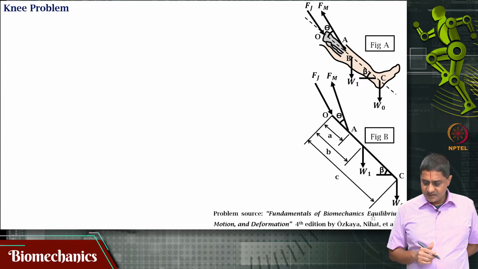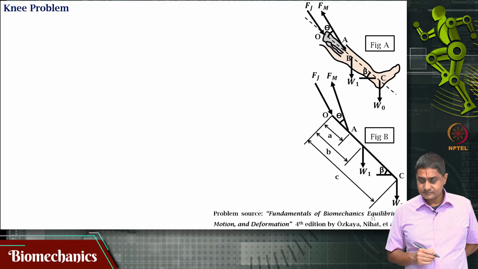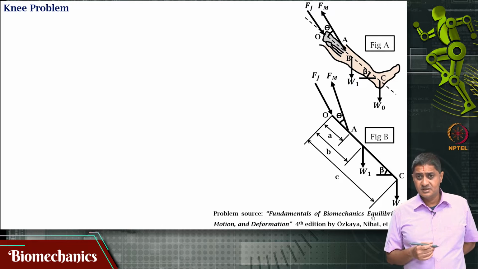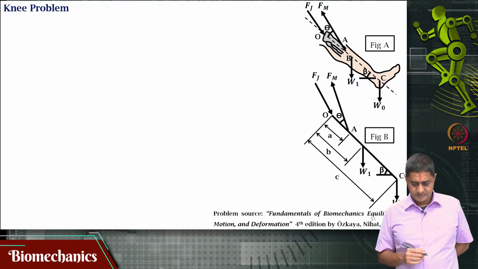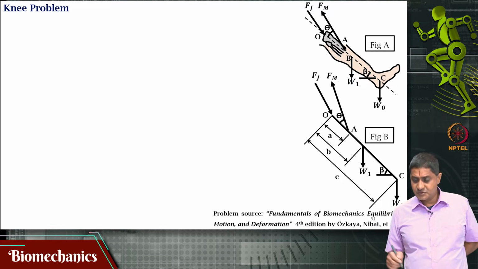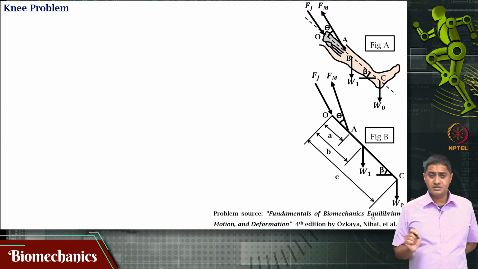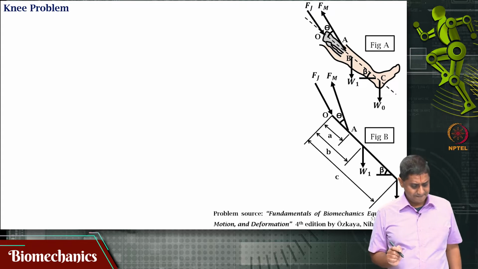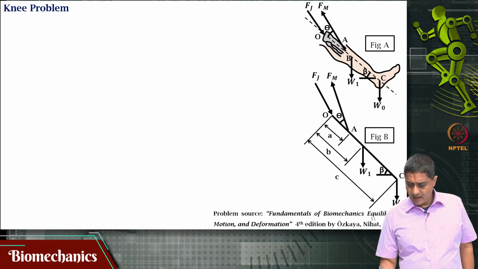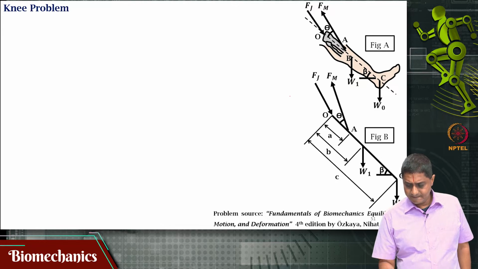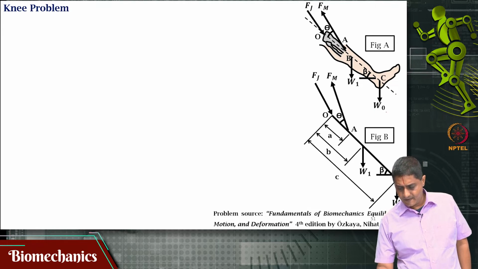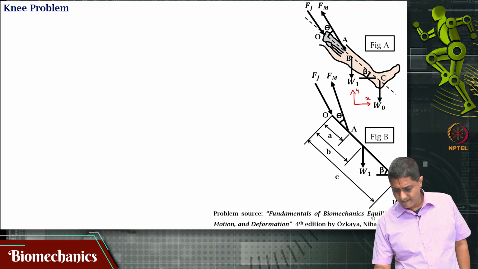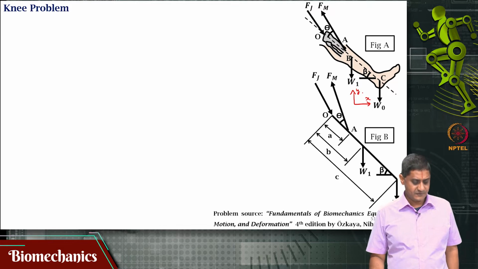Now, let us write out the knowns, unknowns, the free body diagram for this case. I am just going to use the existing picture to draw the free body diagram.